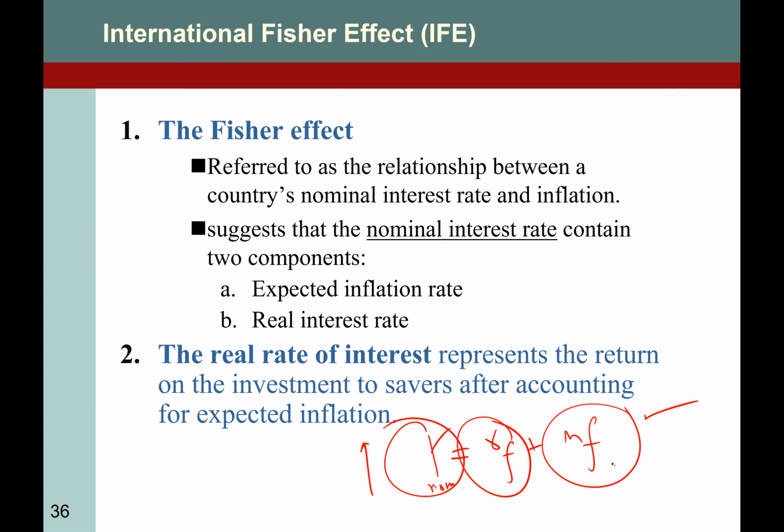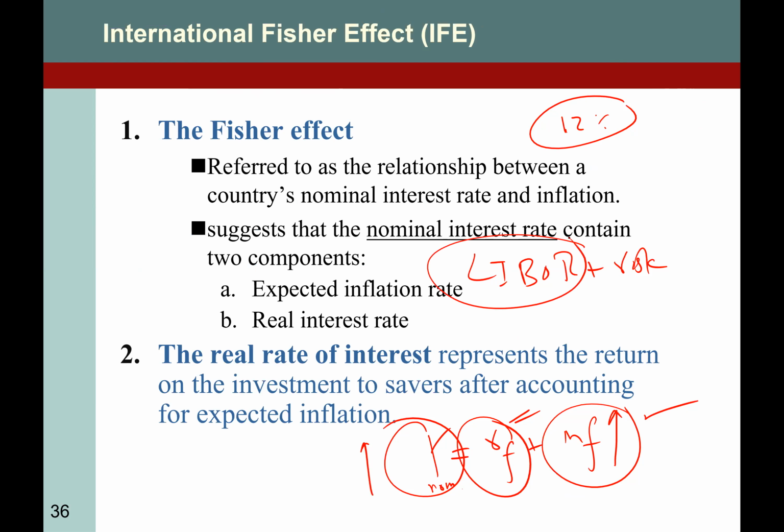Only one thing, because of higher inflation, because the risk-free rate is approximately the same all over the world. For example, in your home country, if the interest rate is 12, if you see its breakdown, it will always be based on LIBOR plus any risk. So LIBOR is the London Interbank Offer Rate plus your country's risk.